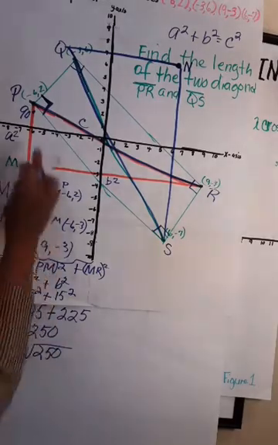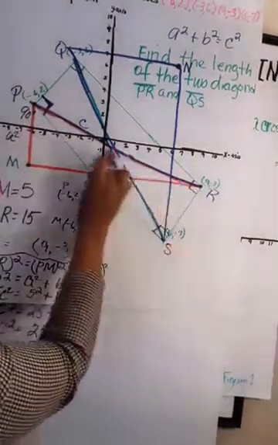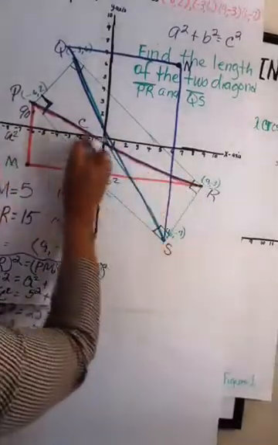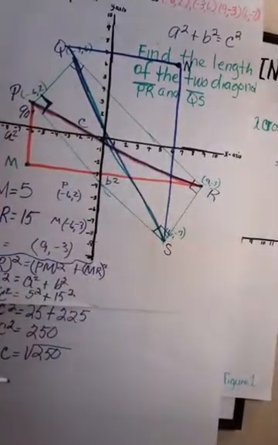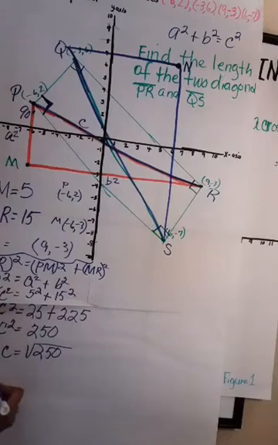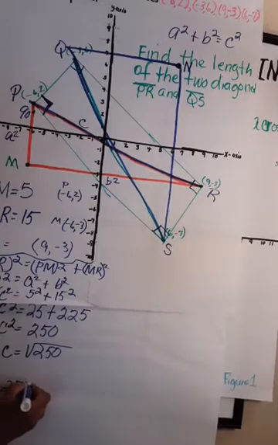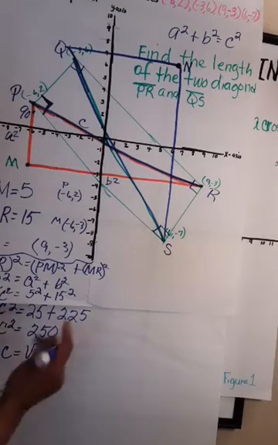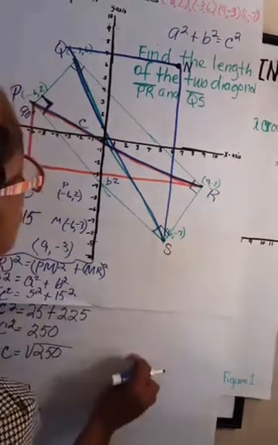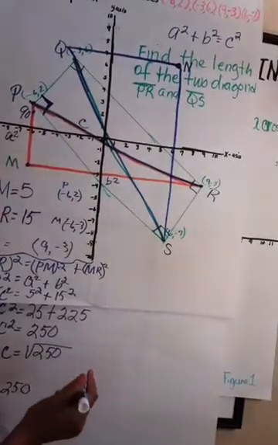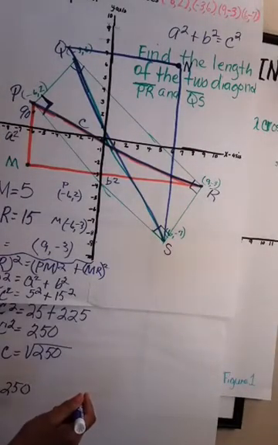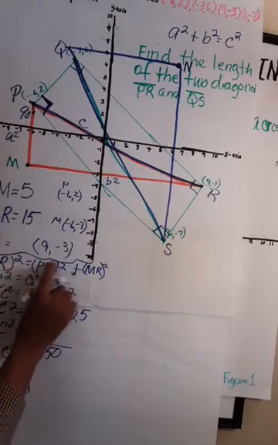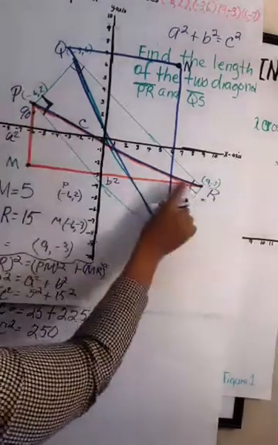So the diagonal is the square root of 250. We found that. So now we know that PR is equal to the square root of 250. All right, now let's look at this piece over here. Let's use this formula, because we used this formula here to find this diagonal.